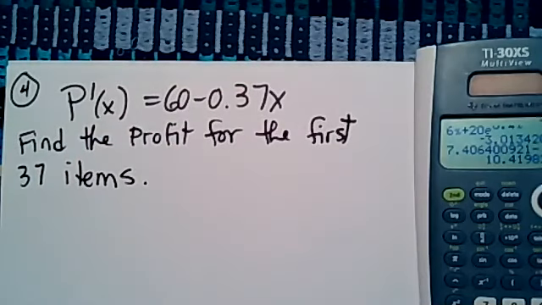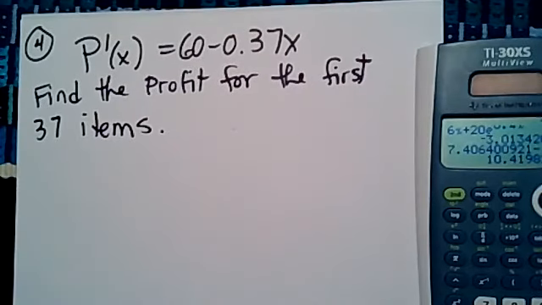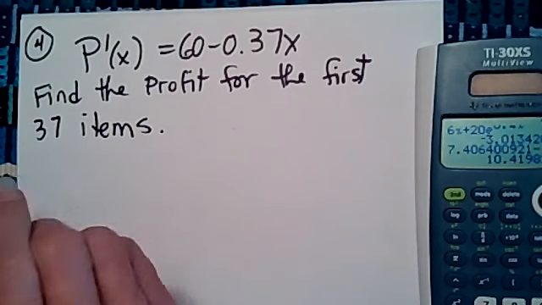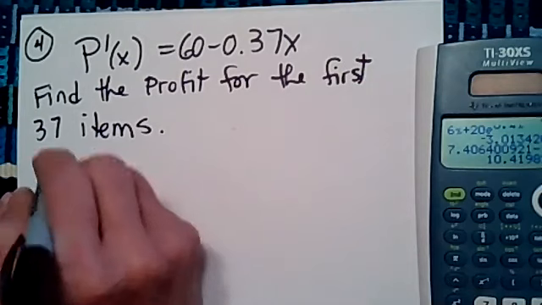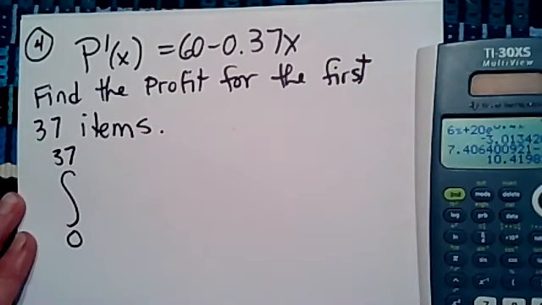When they want the profit for the first 37 items, 37 being the maximum number, what's the minimum number of sunglasses you could sell? What if it rains and rains and rains? You wouldn't sell any. So when they want the profit for the first so many items, you're always just going to integrate from 0 to that number, 0 to 37.